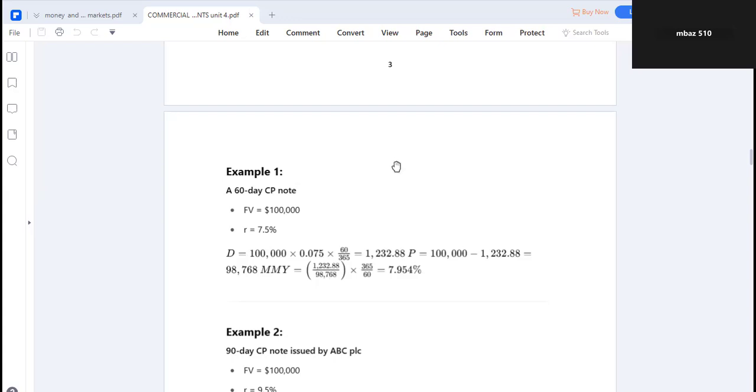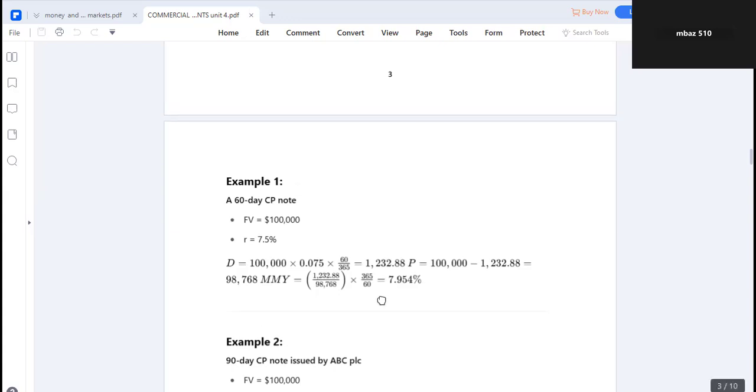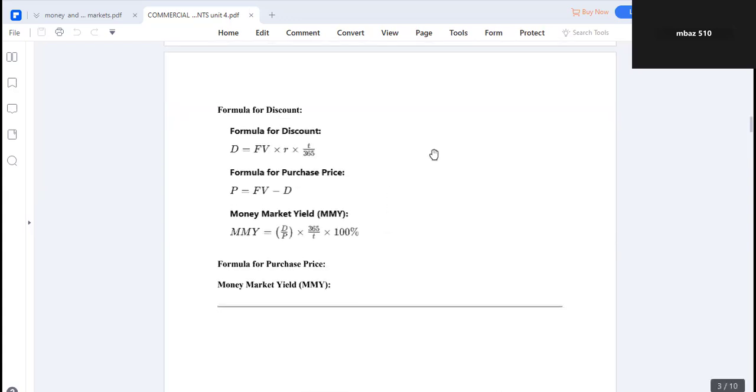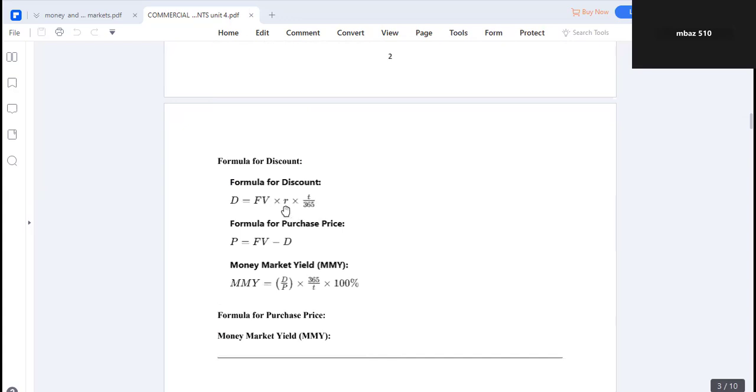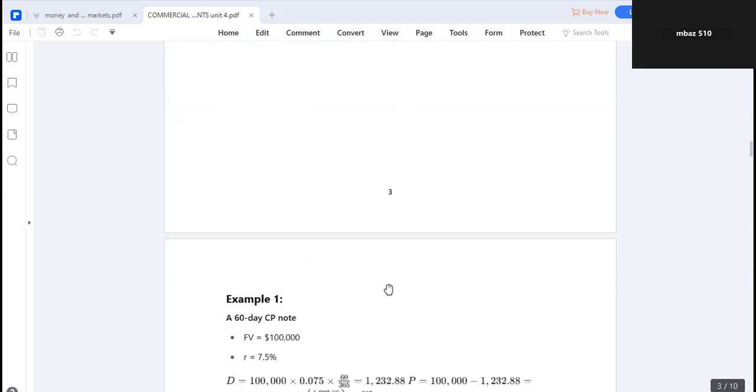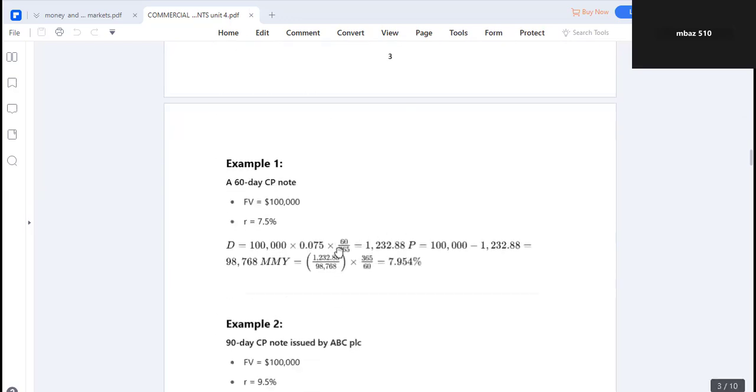This is how we calculate the formula for the discount. Then the purchase price is the difference between the face value and the discount. So the purchase price, therefore, will be the 100,000 minus the 1,200. The difference we're getting is about 98,000. So this is what we call the purchase value.